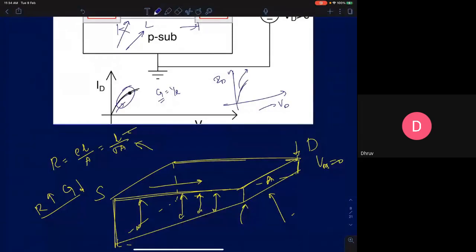So that will tell me how much my current is going to increase for an extra increase in my drain voltage. Is that fine? So the reason why we are looking at incremental resistance is to understand what will be the increment or change in the drain current for a change or an increment in the drain voltage. That's what we are looking at.